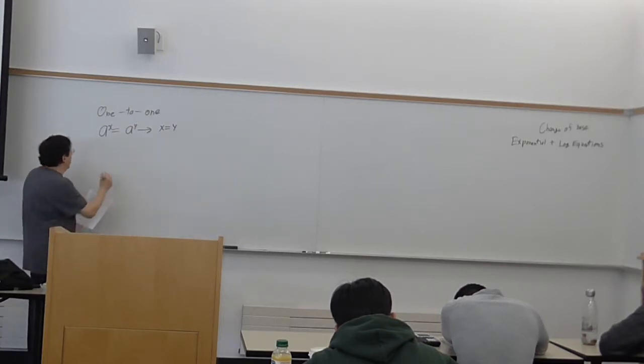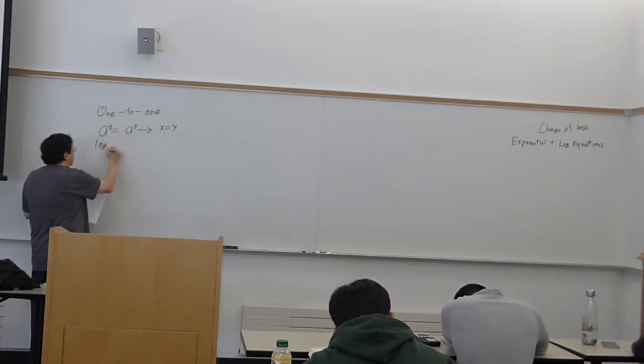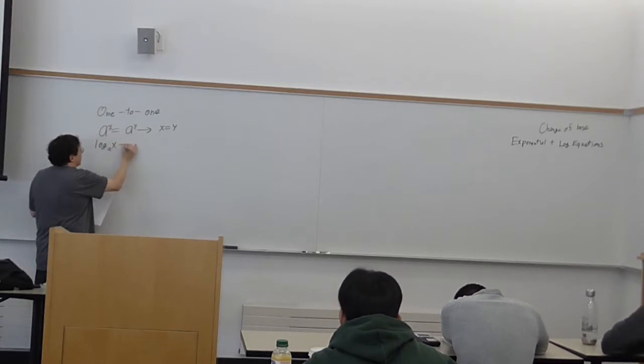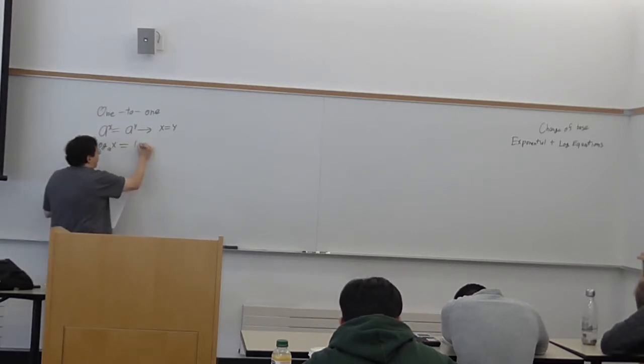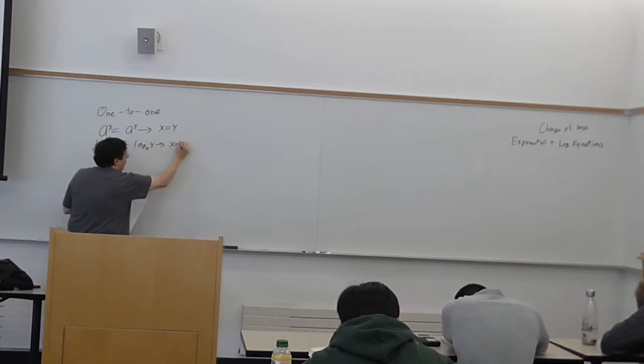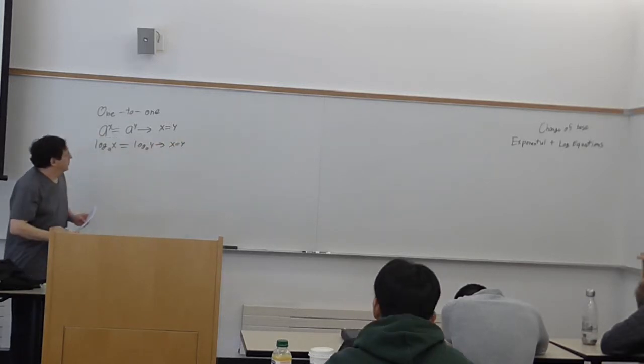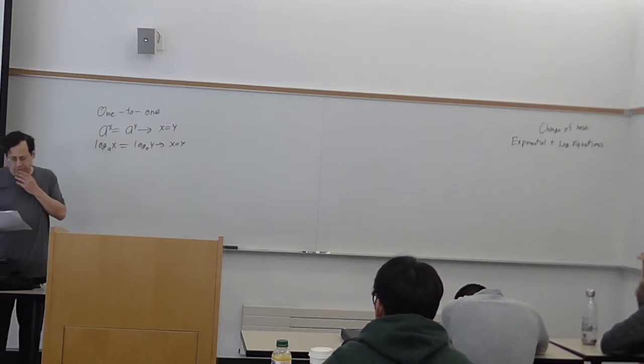Similarly, if you have log to some base a of x equals log to the same base of y, you can conclude that x equals y. That's a property of one-to-one functions.